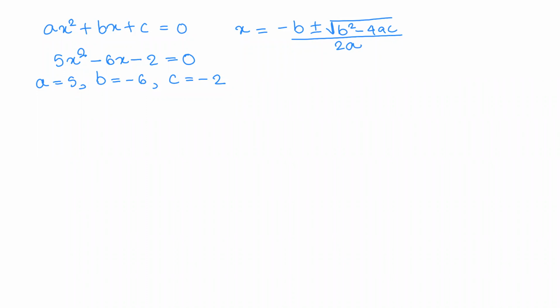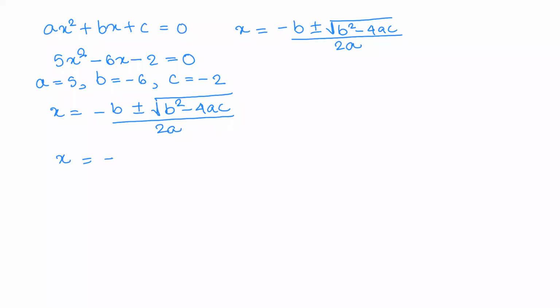So once we get the values of a, b and c, nothing is left; we just use the formula and put in the values, that's it. So let's try. x equals to minus b plus minus root of b square minus 4ac, the whole upon 2a. Let's put the values.